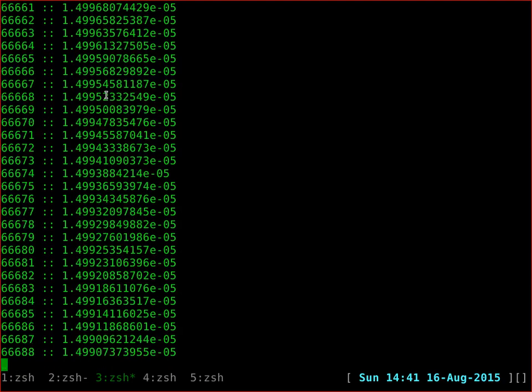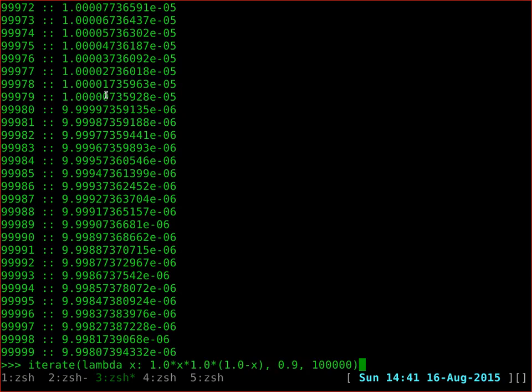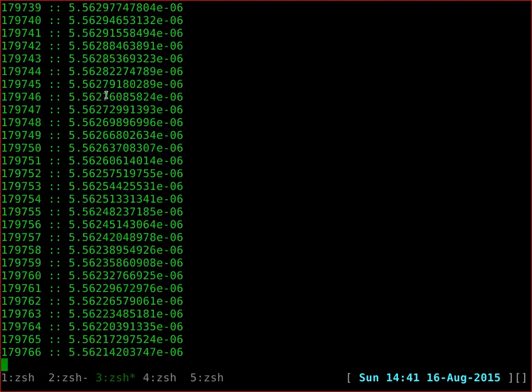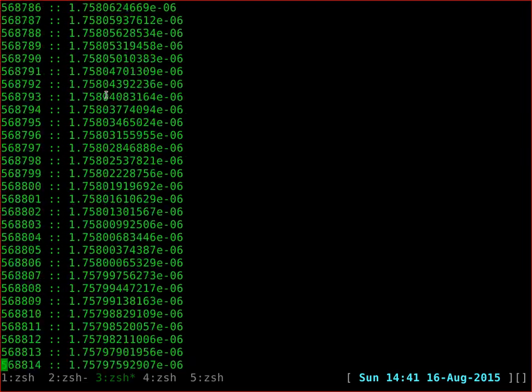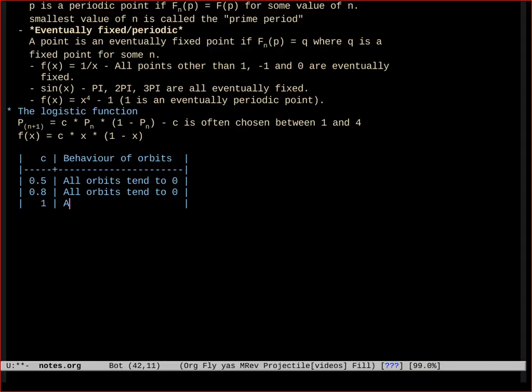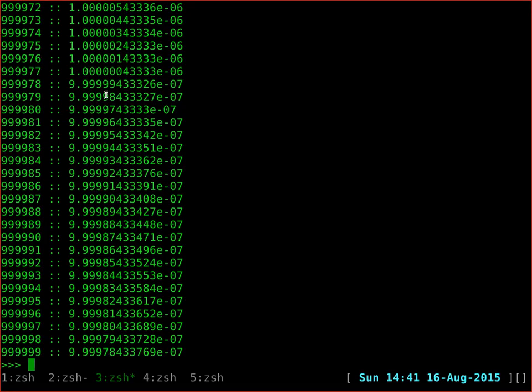Even after 100,000 iterations, it's still at 10 raised to minus 6, and in the other case it reaches there within 100 iterations. So it is tending to 0, but a lot more slowly than the earlier case. It doesn't even get there. So with 1, all orbits tend to 0, but slowly.